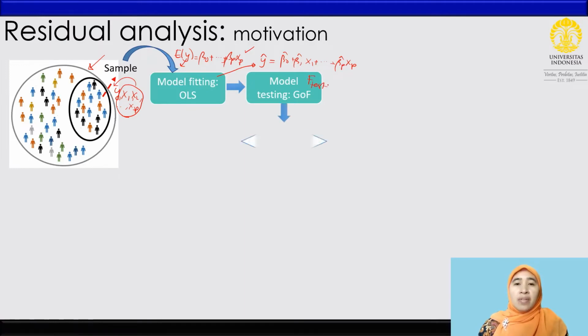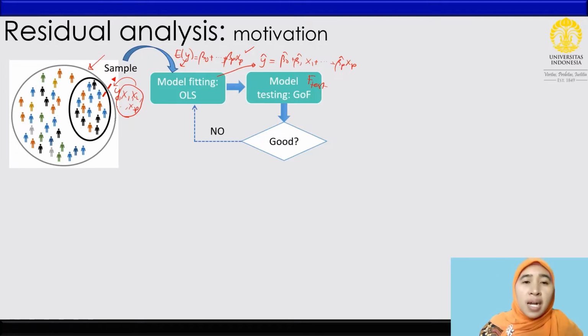Okay, now we've done that, and then we will be able to answer the question whether the model is really good or not. And in the case that the model is not good enough, then we have to reconsider our process in model fitting.